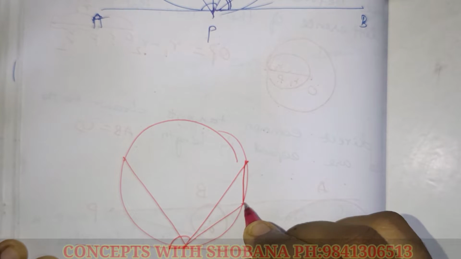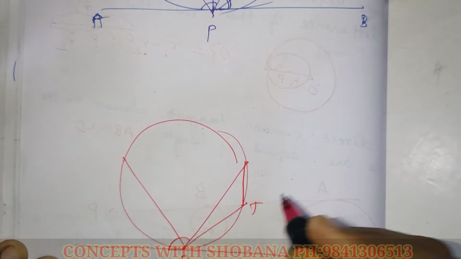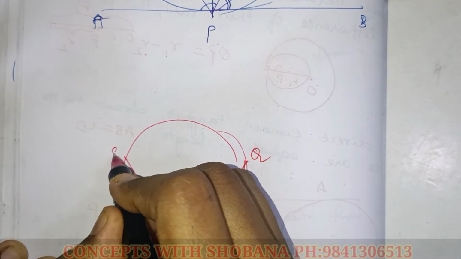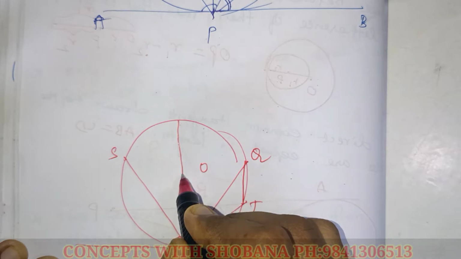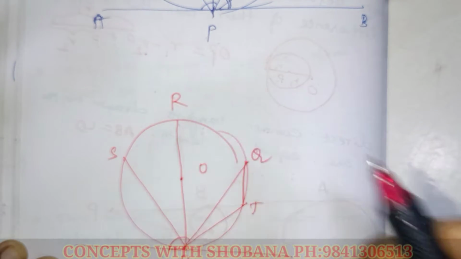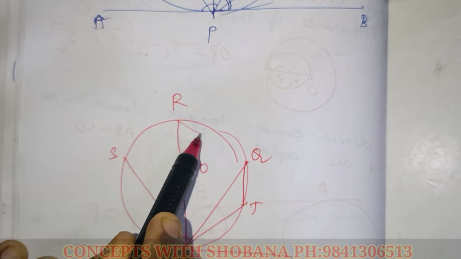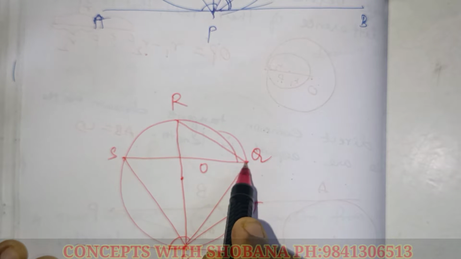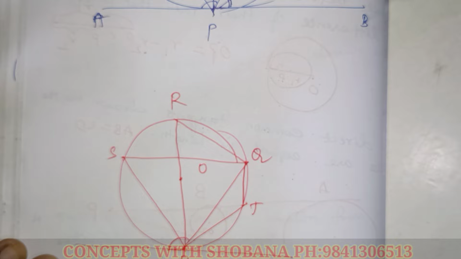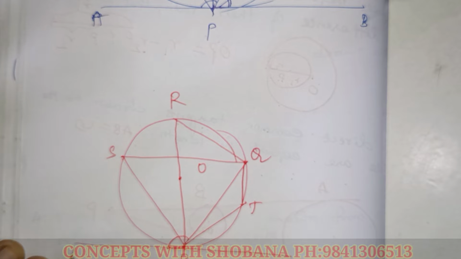If this is the chord, that is, PTQS, with center O, this becomes your diameter. There is one more chord RQ and one more chord SQ. Now this is the tangent AB.